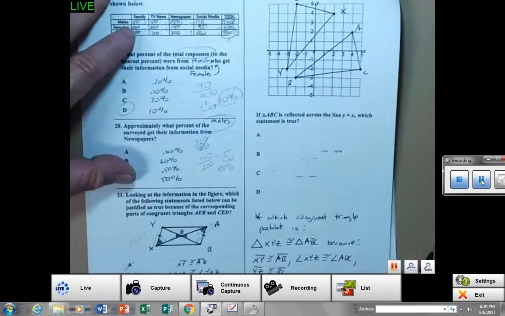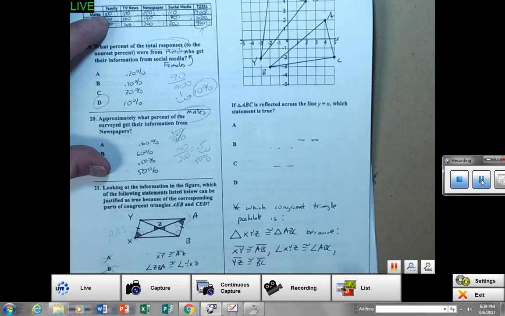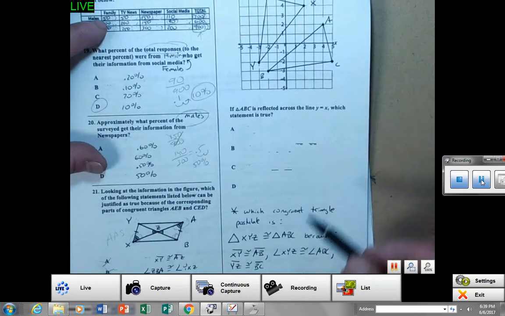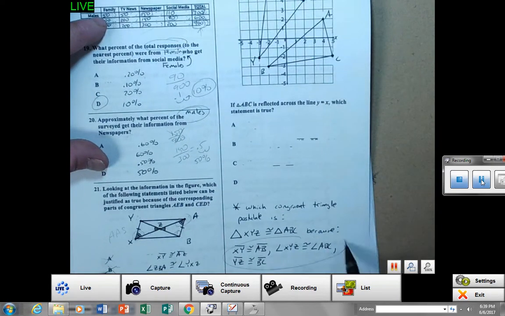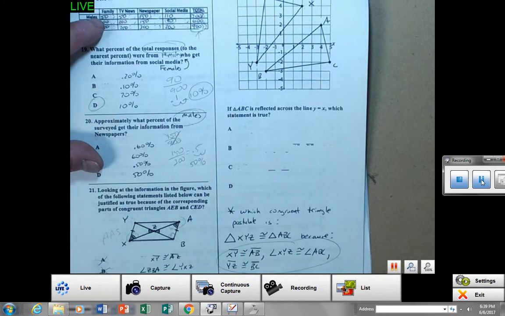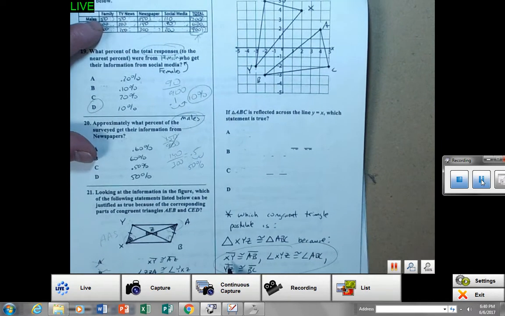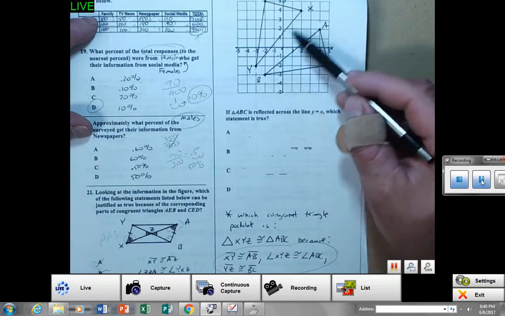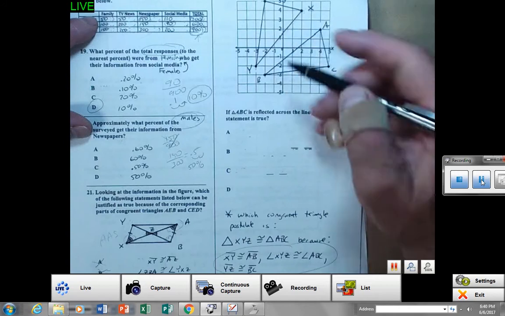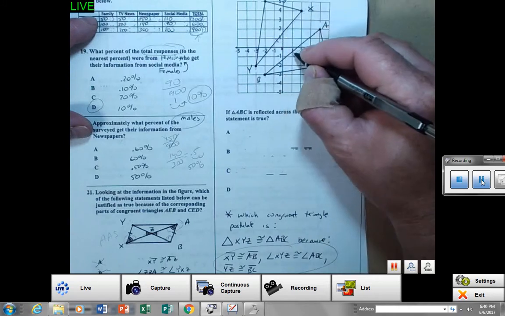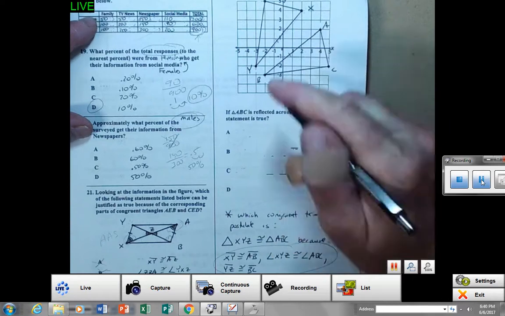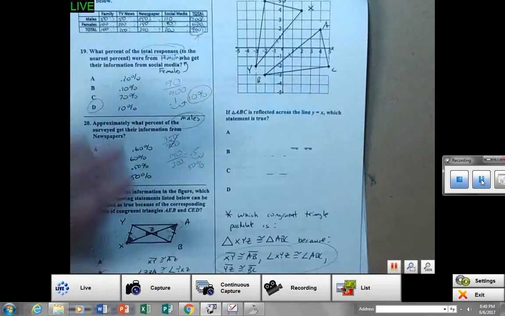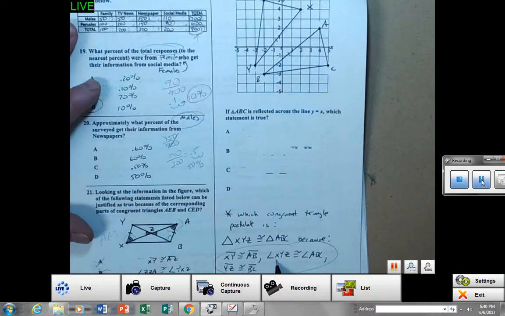Same kind of idea. It's saying these triangles are congruent. Why do these parts show that these triangles are congruent? It says line XY is equal to line AB. I'm going to put a line there. That means those two sides are equal. Next, it says angle XYZ.